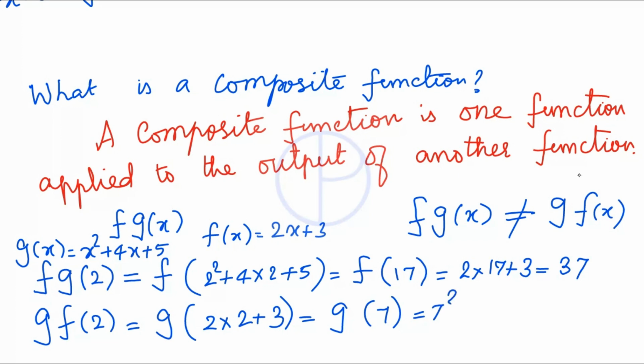You get 7 square plus 4 multiplied by 7 plus 5, which is equal to 49 plus 28 plus 5, 82. Okay. So note that these two are not equal.